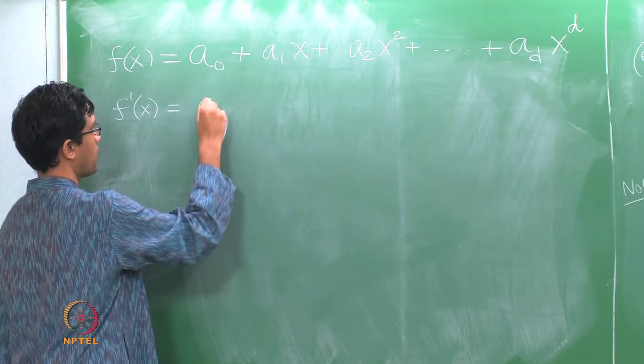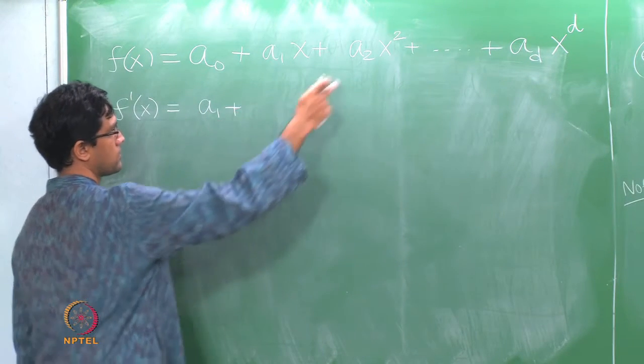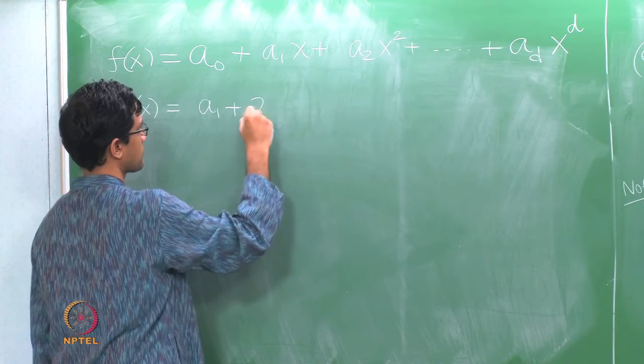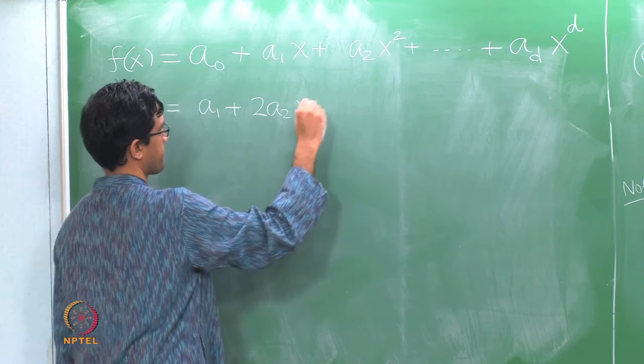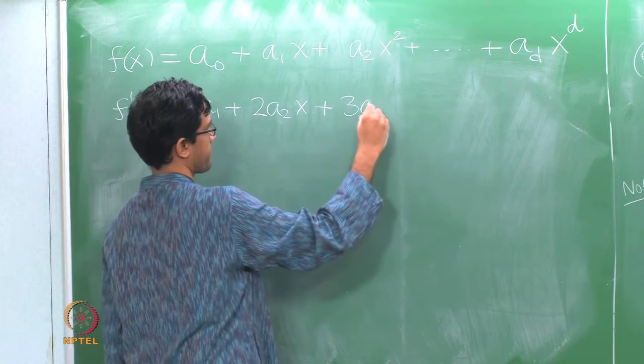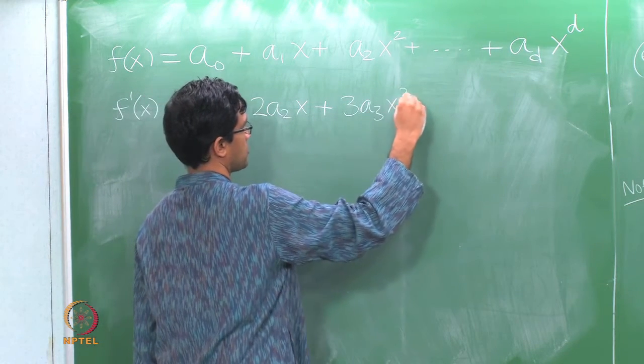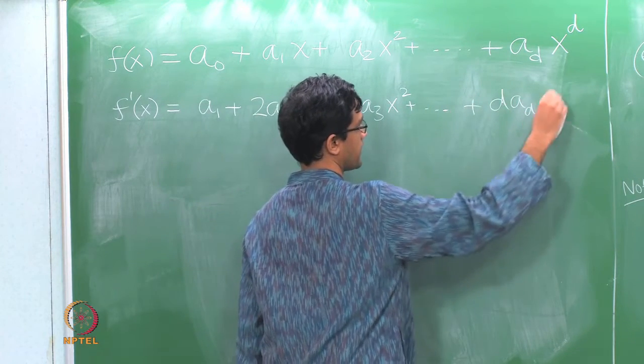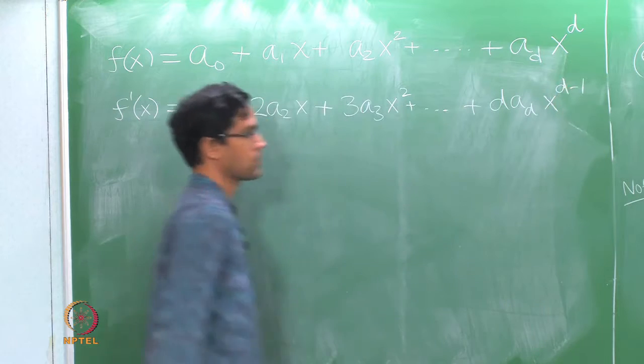So this is really a1 plus, the derivative of a2 x squared is 2 a2 x, and so on, up to d a_d x to the d minus 1.